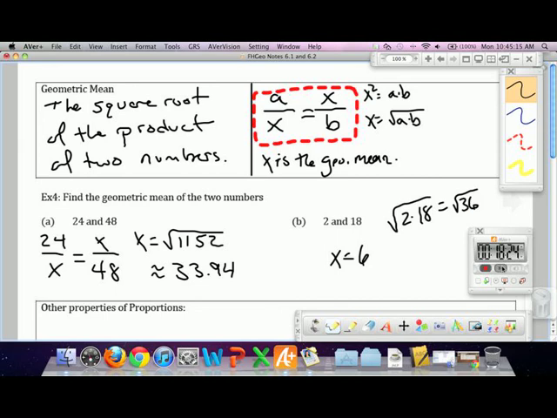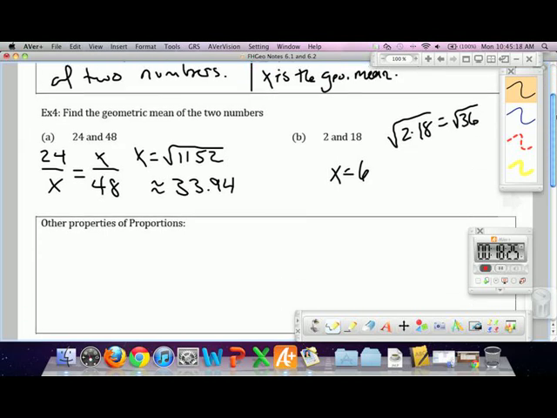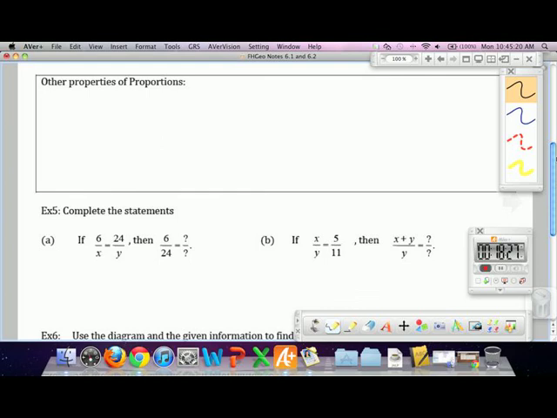Okay. Two other properties of proportions, and we'll call it good for today. Our first property says that if you have a proportion and this proportion is true, then you can actually rearrange it in two main ways.